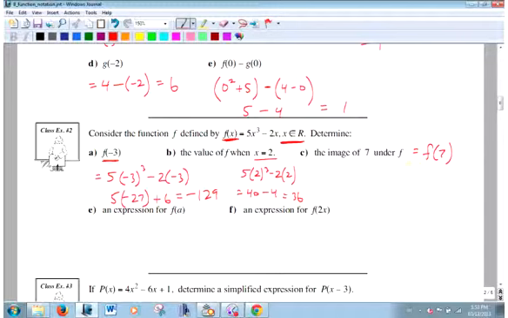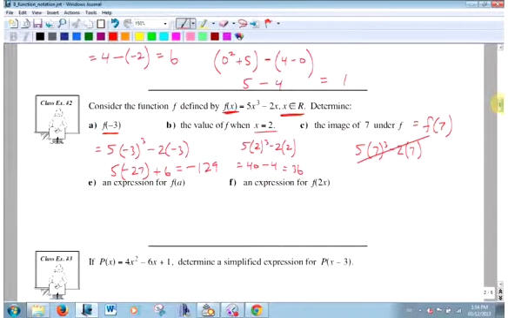What's f of 7? Okay, the image of 7 under f. Okay, I'll never say that in grade 11. So just plug in 7 wherever there's an x. Okay, 7 times 7 times, that's just too big to even worry about, okay?